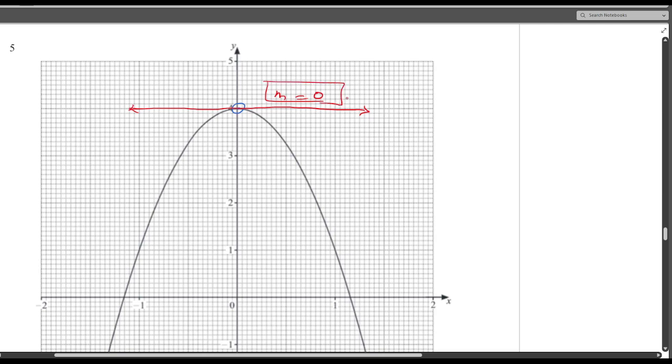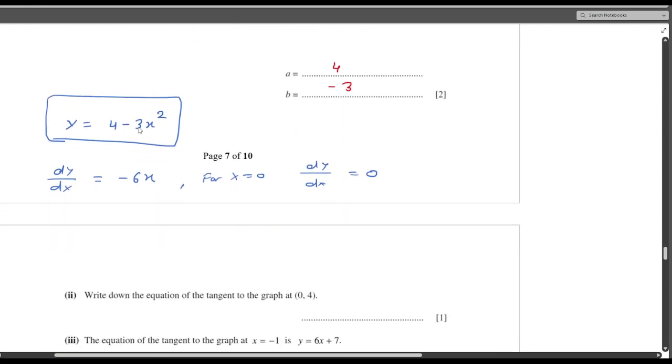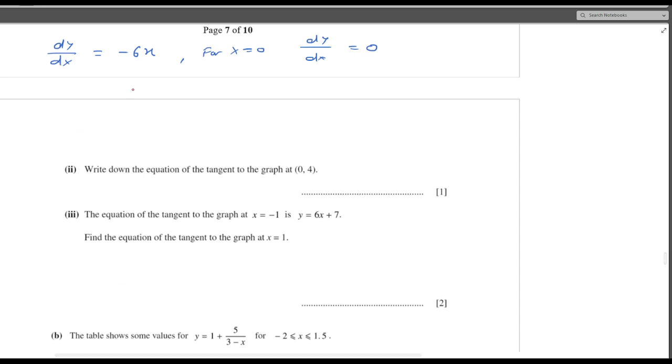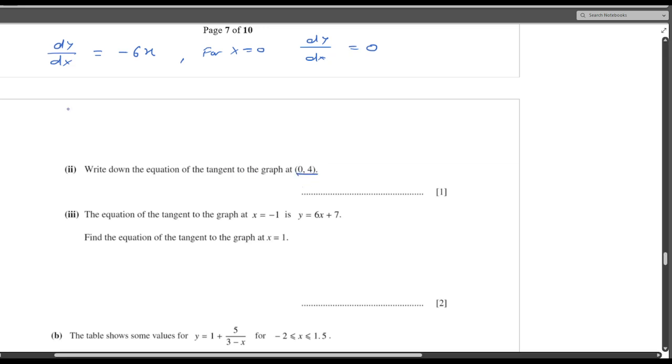It is parallel to the x-axis, so your gradient is 0. So the equation of the tangent will be y is equal to 4, as your gradient is 0.